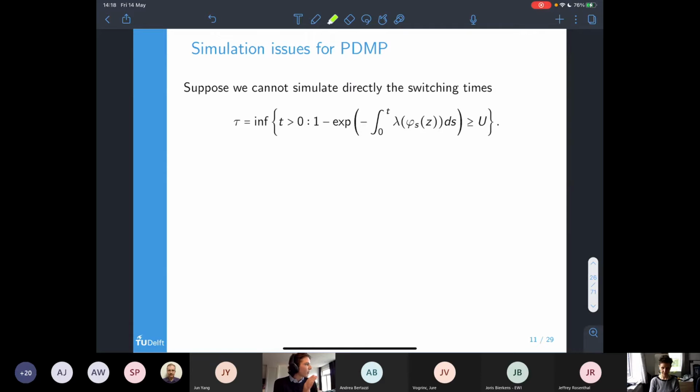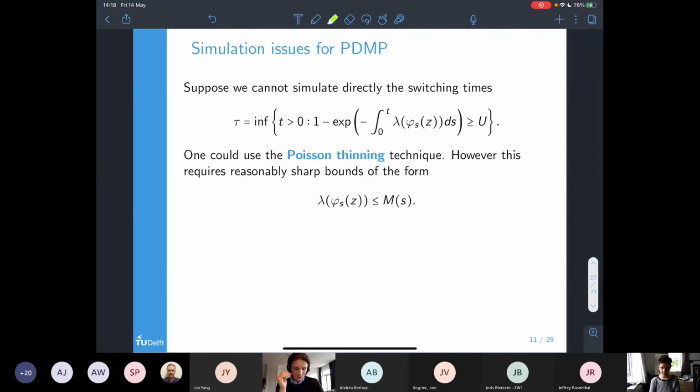For the rest of the talk, until maybe the really last couple of slides, I will just consider the scenario of the zigzag process, but for a general PDMP the problem is the same. So we cannot simulate exactly the switching times. Then in general, people have been proposing to use a technique called Poisson thinning. And basically, it requires having some upper bounds of this form. We need to be able to upper bound the switching rates along the flow by some function m(s).